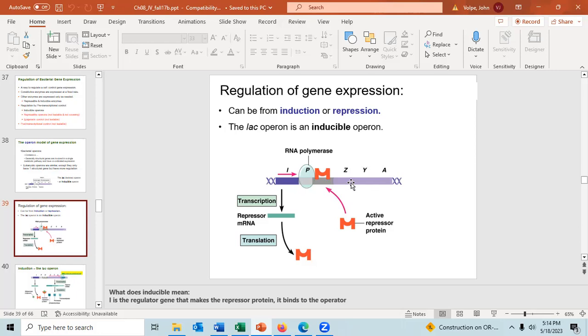So most of the time, the E. coli is not going to see the sugar lactose. And so why would it make the genes, the enzymes for metabolizing lactose if E. coli is not going to see it? And that's why E. coli normally shuts down the lac operon. Any question about any of that?